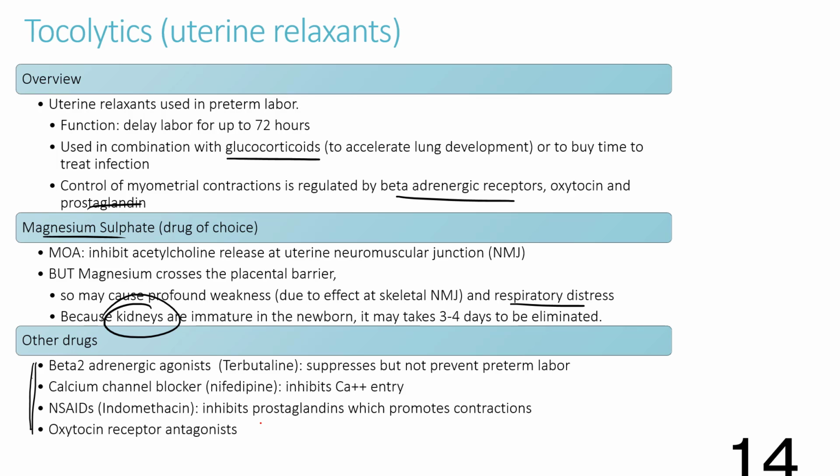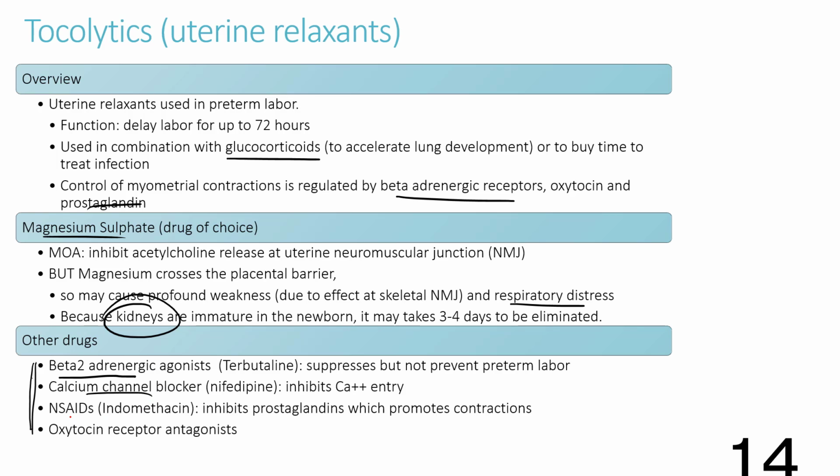Other drugs that are used as uterine relaxants are beta-2 adrenergic receptor agonists, which suppress but don't prevent preterm labor. So if preterm labor has already started, you can actually give a beta-2 adrenergic agonist. You can also give calcium channel blockers to stop or inhibit the contraction.